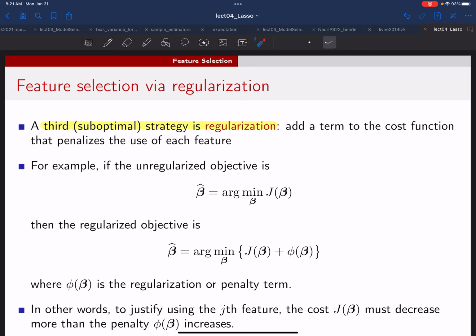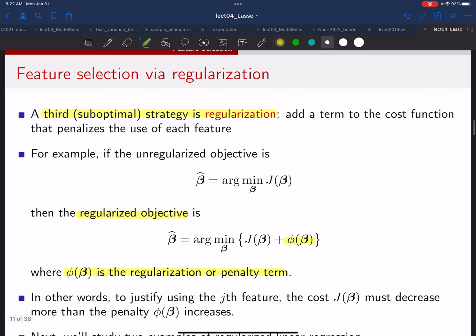And we said that our approach is just to minimize the cost or the loss with respect to our model coefficients. So now what we're saying is let's modify that a little bit. And instead of just simply minimizing this loss term, let's add one extra term here, which we're going to call regularization, or we can call it a penalty.